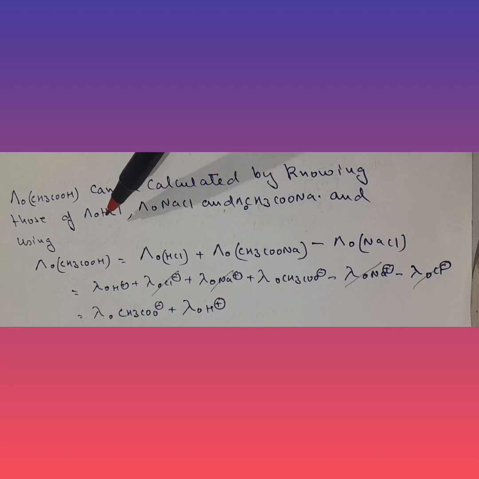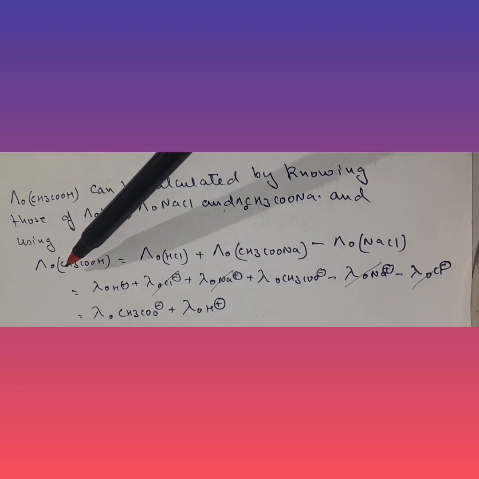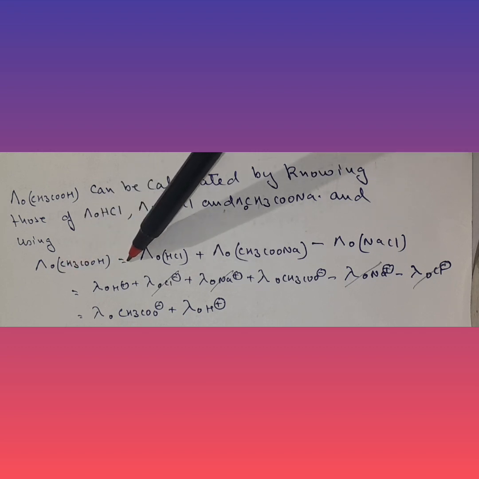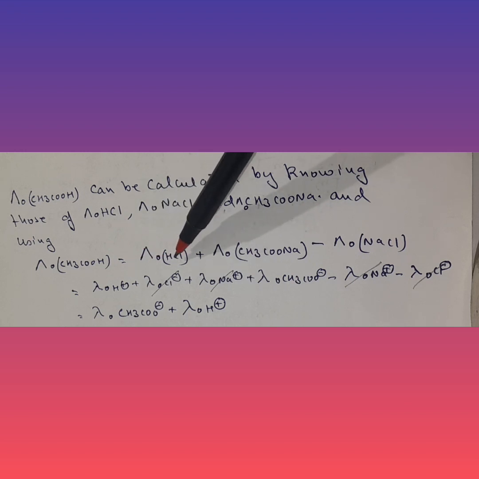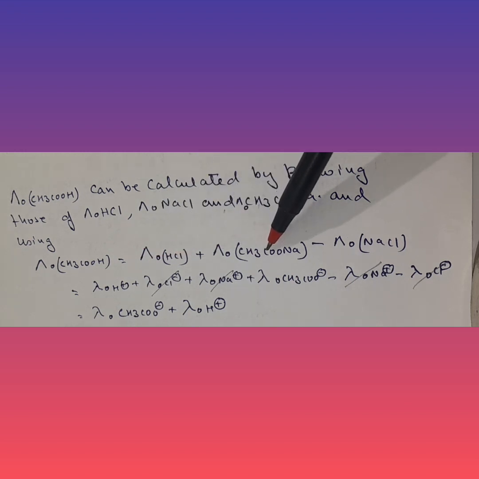Mind you, we can find the molar conductivity of these as they are all strong electrolytes, and sodium acetate is also a salt. So we write the equation for molar conductivity at infinite dilution for acetic acid, which equals that of HCl plus sodium acetate minus sodium chloride.